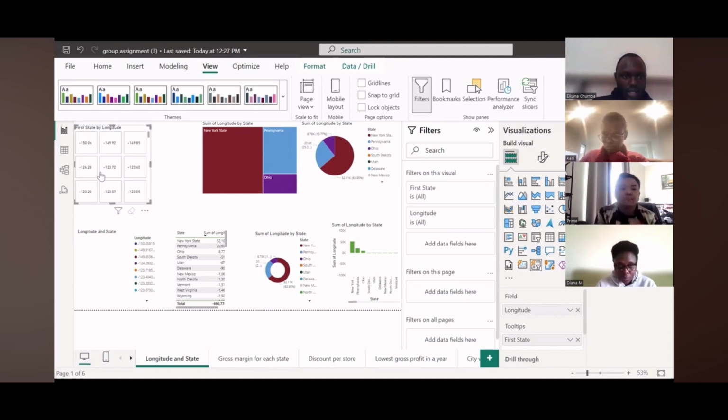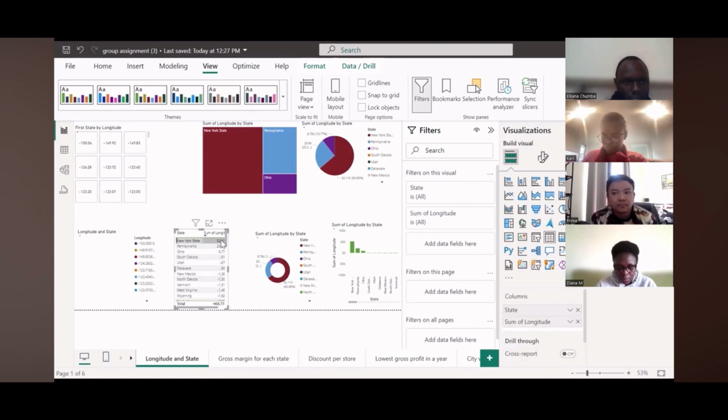And you can see that New York had the highest longitude, which is 52,152.10. When you click on New York, you can also see its specific data by state.